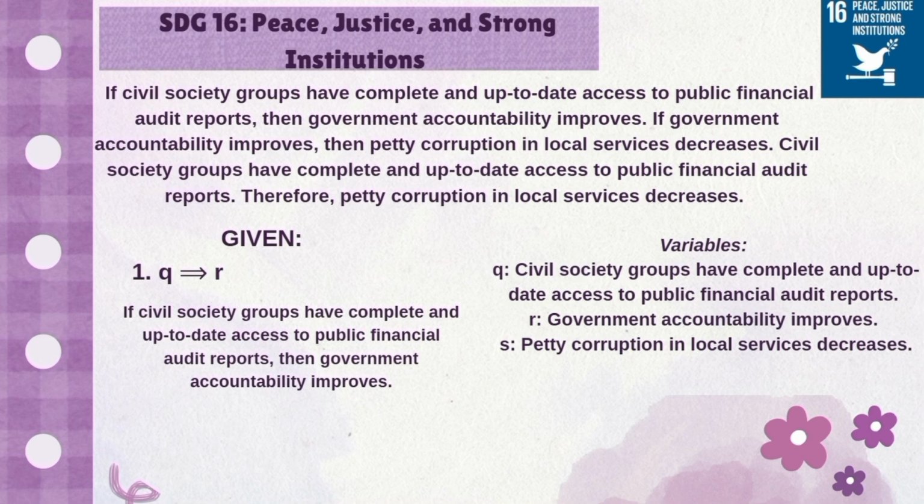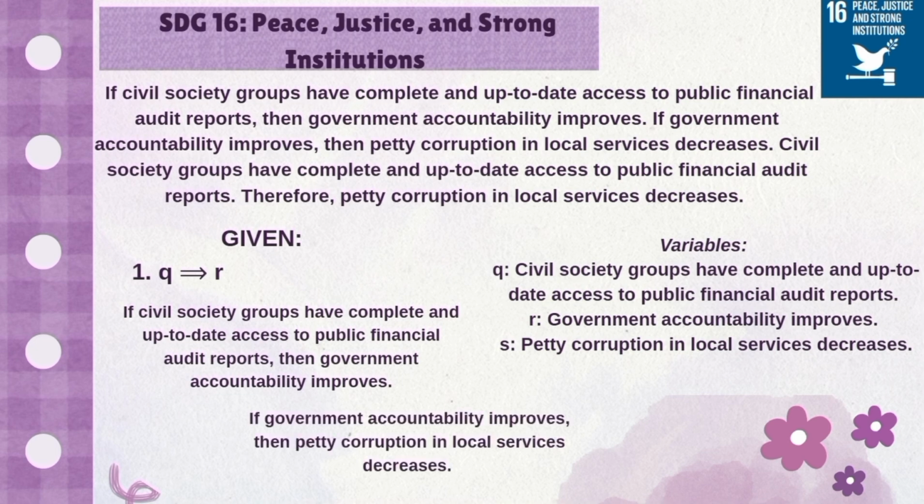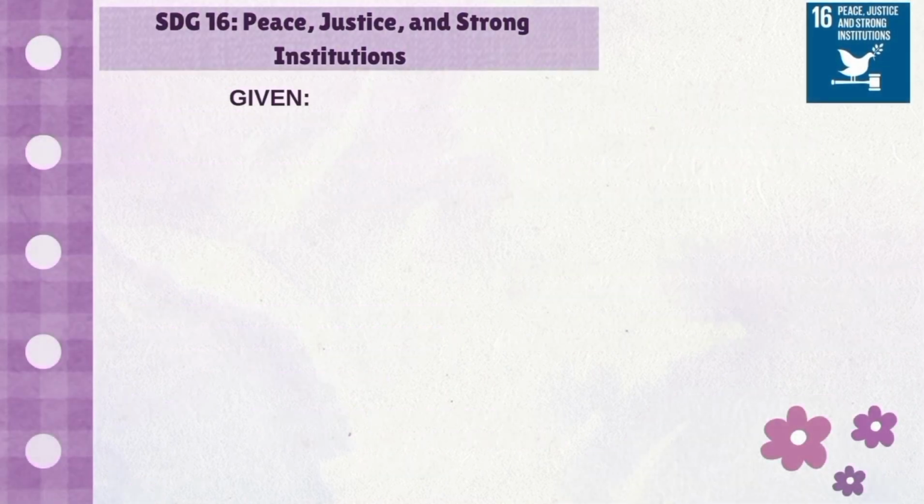By looking at our variables, it's if Q, then R, therefore Q implies R. Next, we have if government accountability improves, then petty corruption in local services decreases. It states that if R then S, therefore we can say that R implies S.